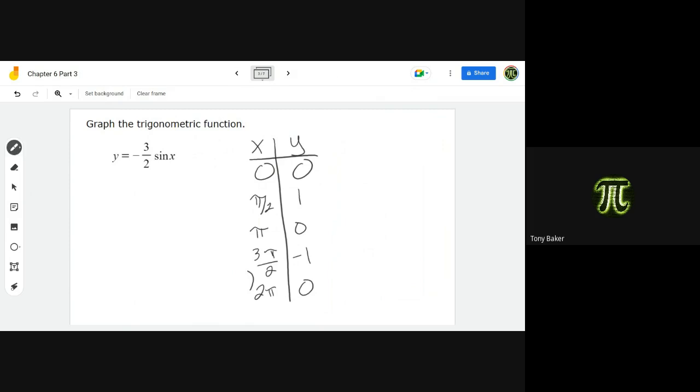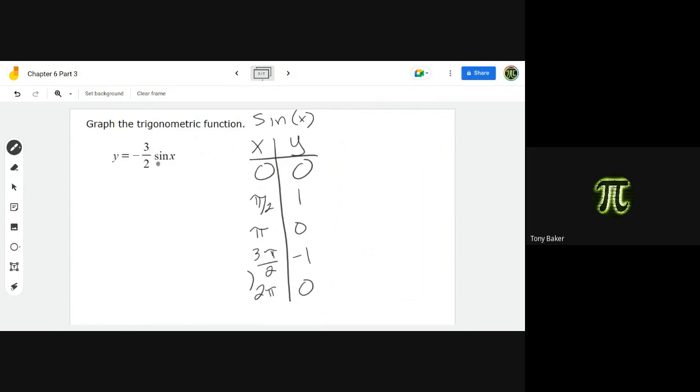So this is sine of x. If we look at this equation, in this one, what did they do to change the problem? So they're multiplying it by -3/2, right?